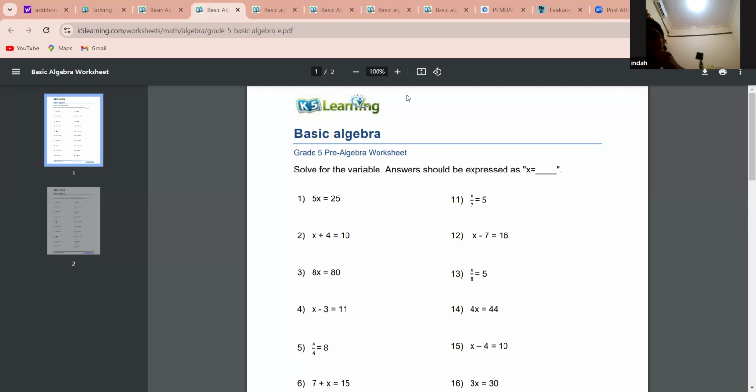Okay, send your answer on the chat box. Then we will see, okay? How about the others? Inda and Shitya, very good. So again, Inda and Shitya are already done.